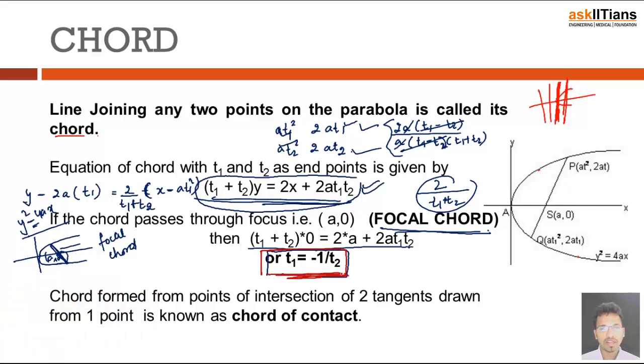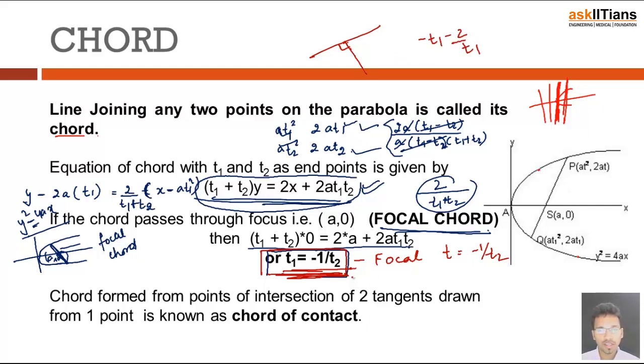This is the condition for a chord becoming a focal chord, and it determines where it will intersect the parabola again. What we have learnt is that for a normal, the condition was t2 equal to minus t1 minus 2 by t1.